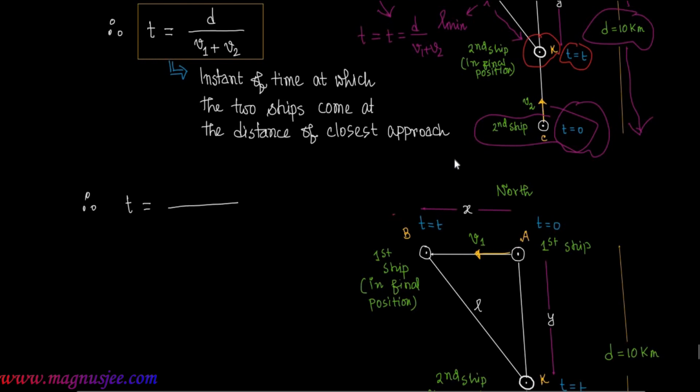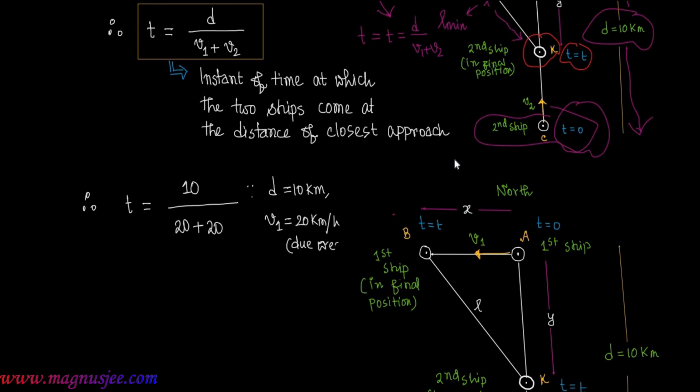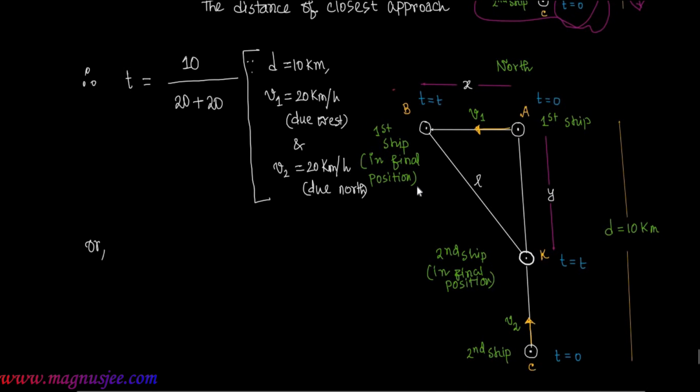Now putting the values of d, v1 and v2, we get t equal to 10 divided by (20 plus 20), where d is equal to 10 kilometer, v1 equal to 20 kilometer per hour due west, and v2 is also equal to 20 kilometer per hour due north. Therefore t is equal to 1 by 4 hour.